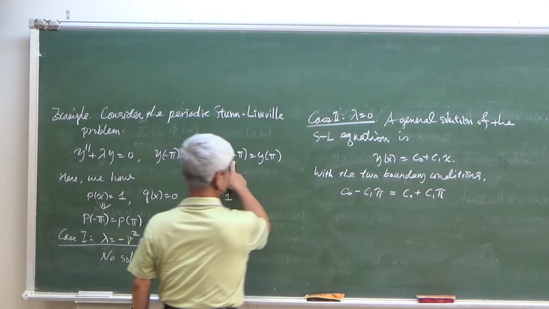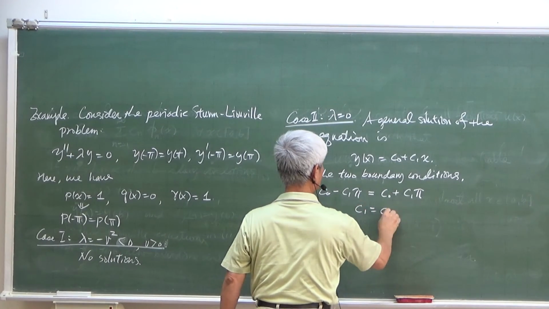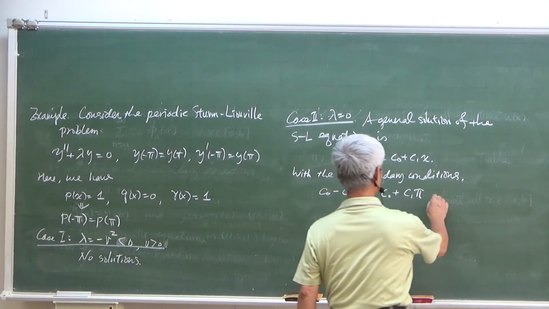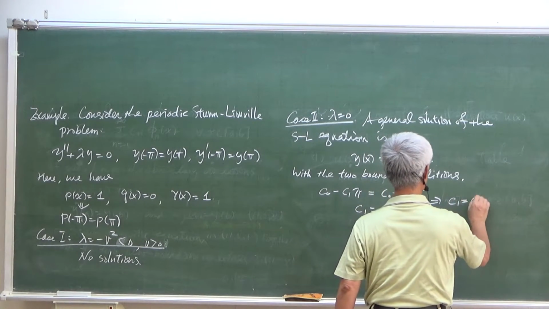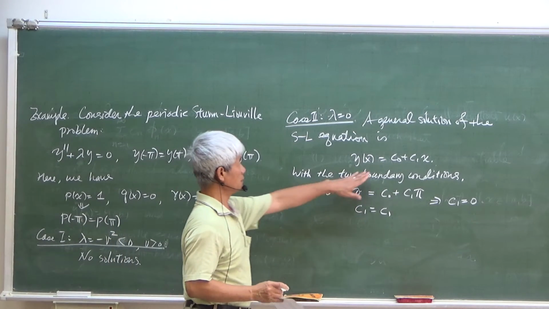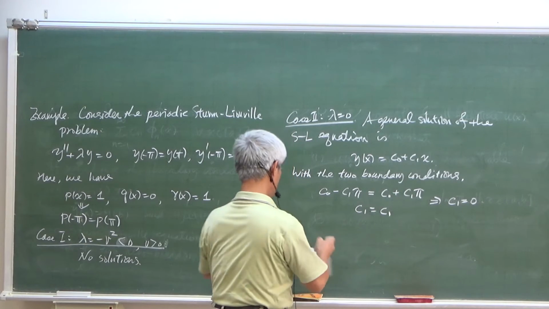And for the derivative, y' equals C1, of course, a constant. So this implies that C1 must be 0. So when C1 is 0, then C0 is free.